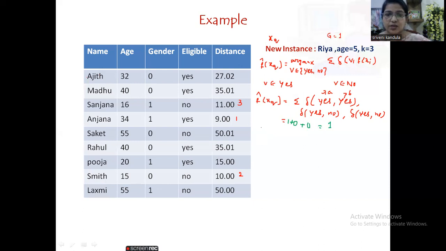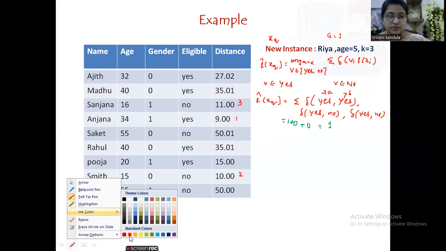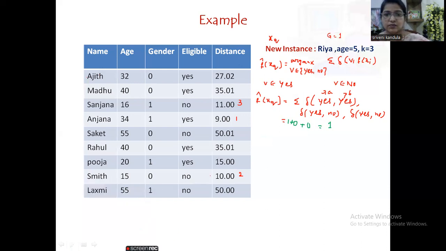Next, let us calculate F cap of XQ for the case of no. So now let's take the V value as no. Our V value now is no. So we are calculating F cap of XQ, which is sigma dou of.